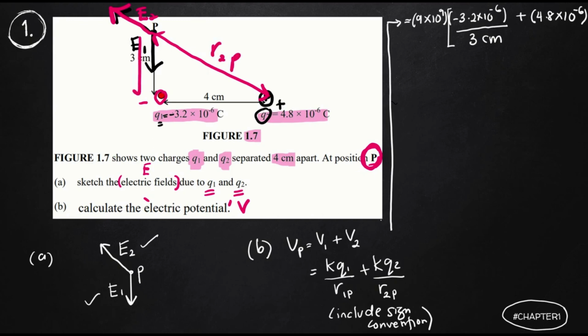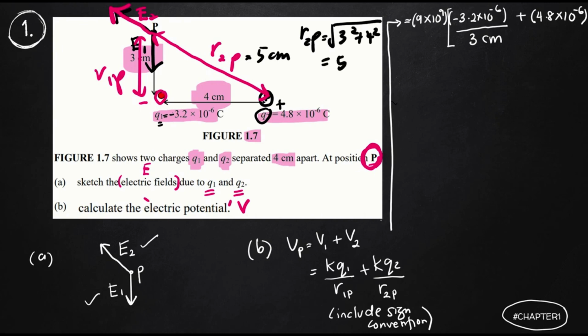Here is R1P. We don't have the information for R2P, but we know here is the Pythagoras theorem, 3, 4, and here supposed to be 5 cm. Or mathematically you can prove it using the Pythagoras theorem. So R2P is the square root of 3 squared plus 4 squared, then you're supposed to have 5 cm.